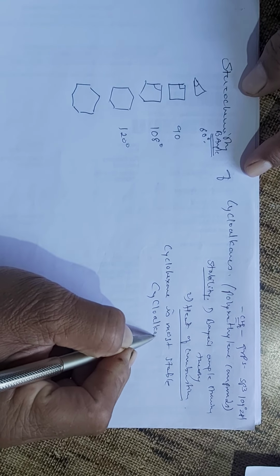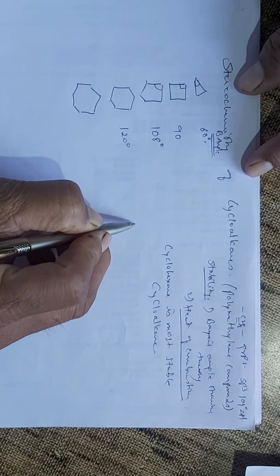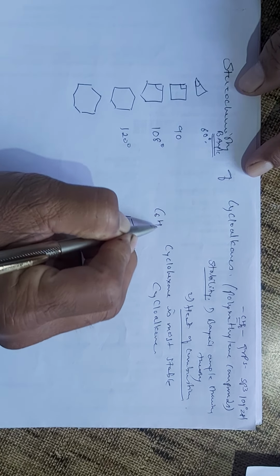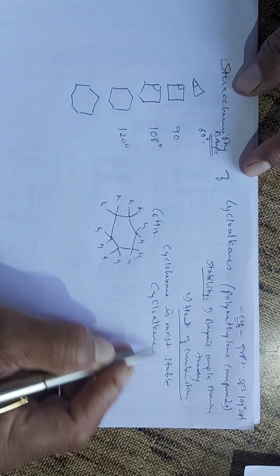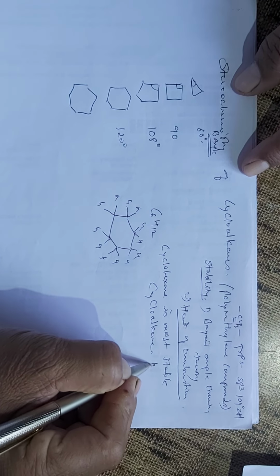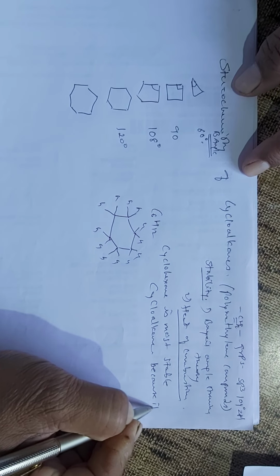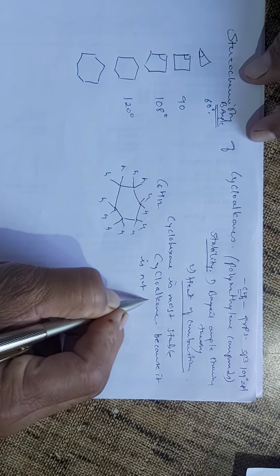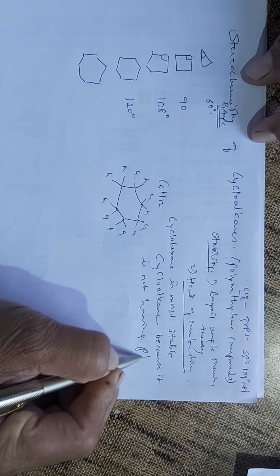And this was confirmed by scientists. Cyclohexane has the molecular formula C6H12, and this is the structure of the molecule. From this structure it appears that this is a planar molecule. But actually cyclohexane is the most stable cycloalkane because it does not have a planar structure.